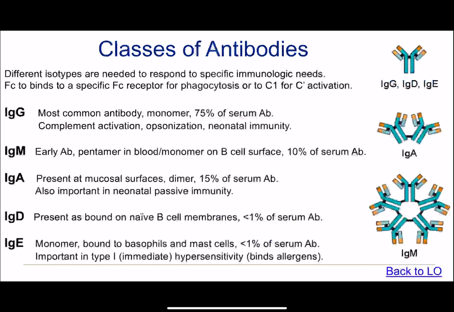Those IgG antibodies can bind the Fc receptors in the neonatal gut, and they can be absorbed intact as antibodies and then help with natural passive immunity, to protect that baby from anything that the mom is immune to, until the baby's immune system can get up and running on its own.